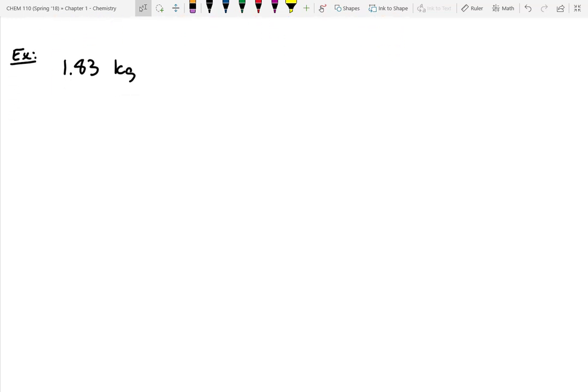So let's say we have 1.83 kilograms, and we want to figure out how many grams we have. So does anybody remember the unit conversion for kilograms to grams?